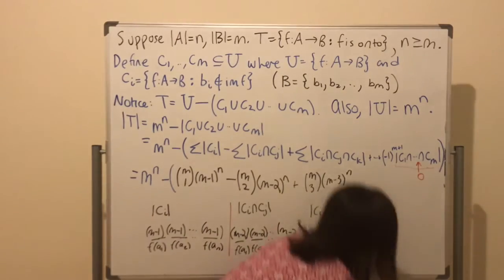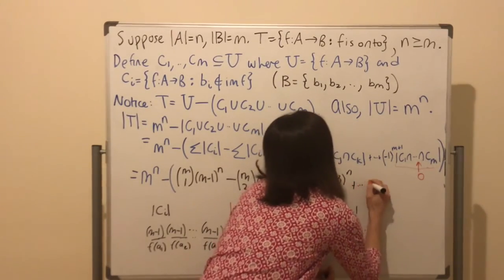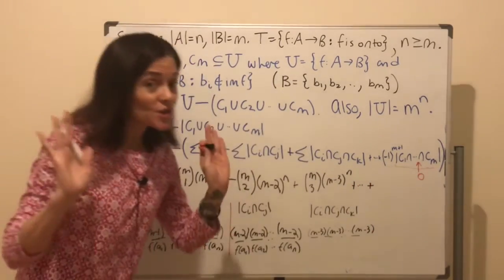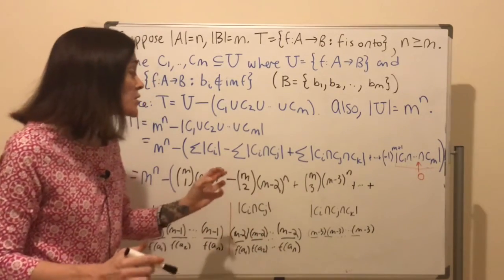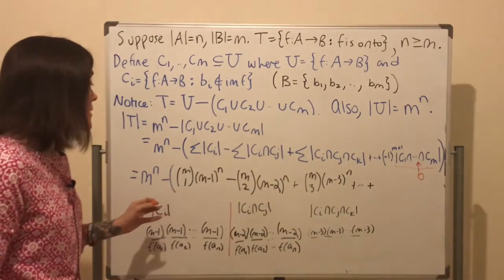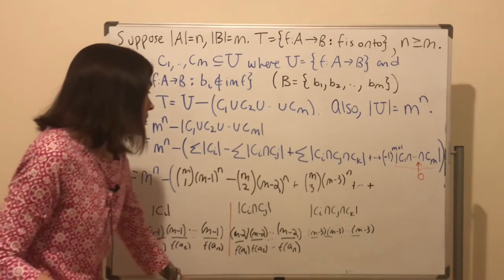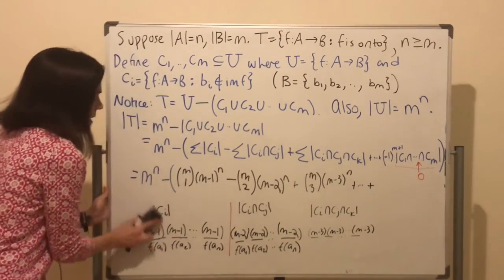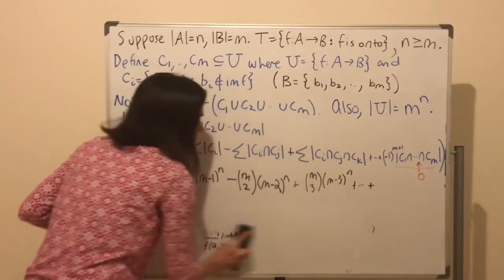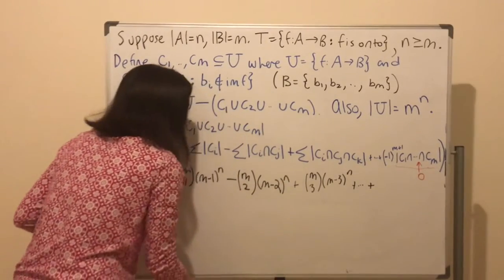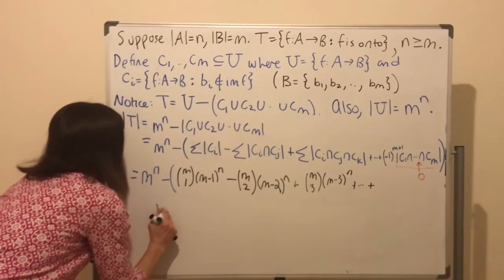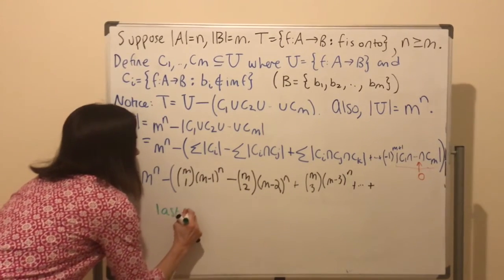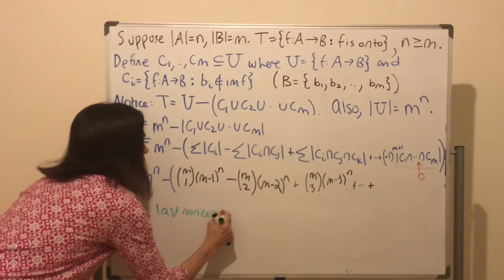So that means the last non-zero term will be when you have, let me erase and I'll start talking about it, because this we understand. Let's look at the last non-zero term, maybe in green.